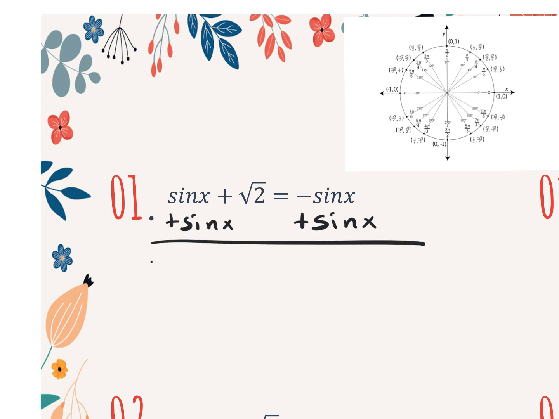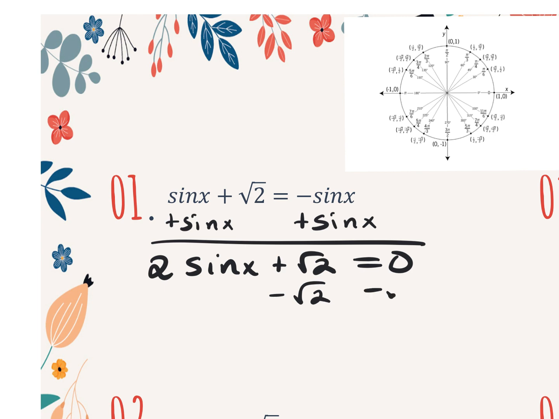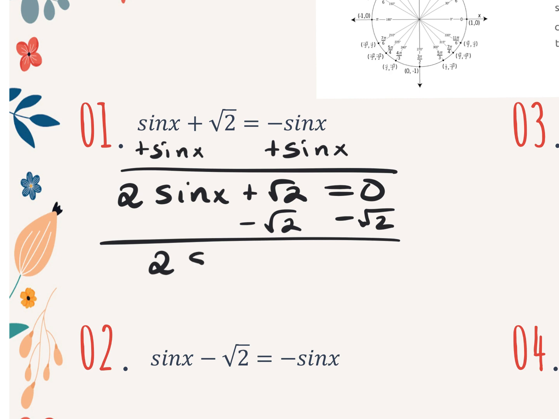Now I have 2 sine x plus the square root of 2 equals 0. I need to isolate that sine x, so I'm going to move the square root of 2 over. Now I have 2 sine x equals negative square root 2.